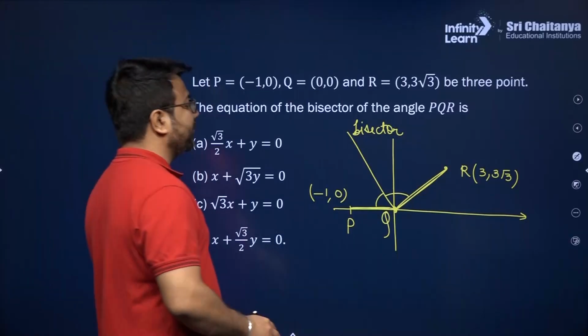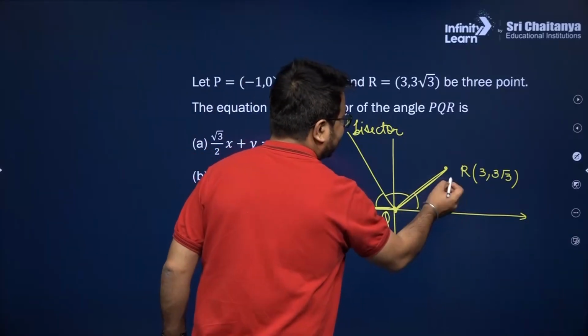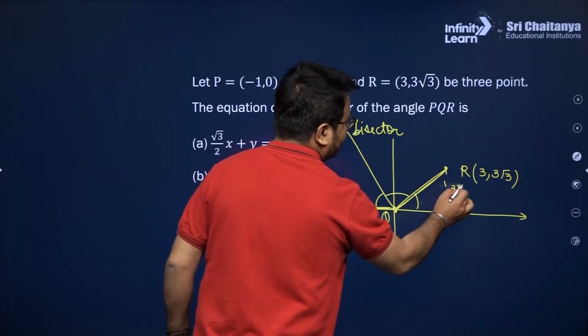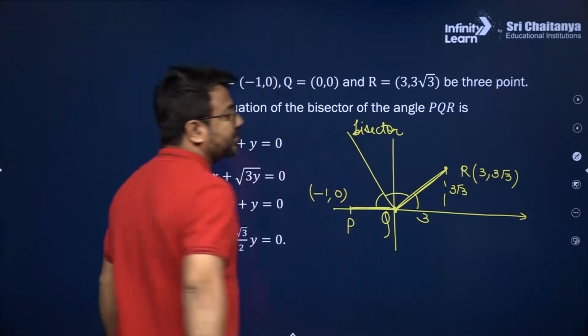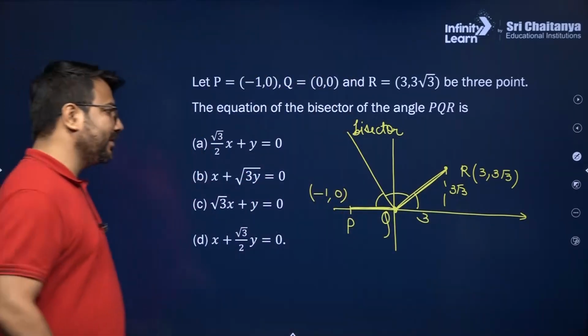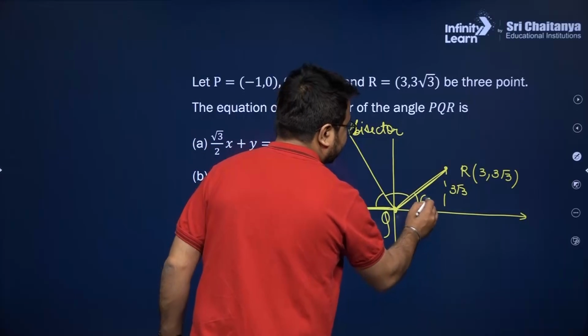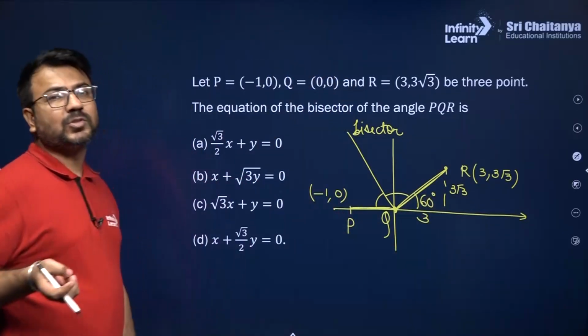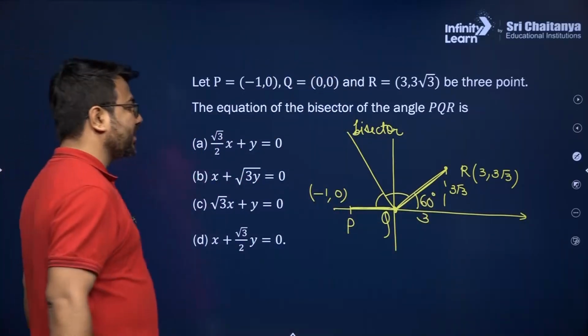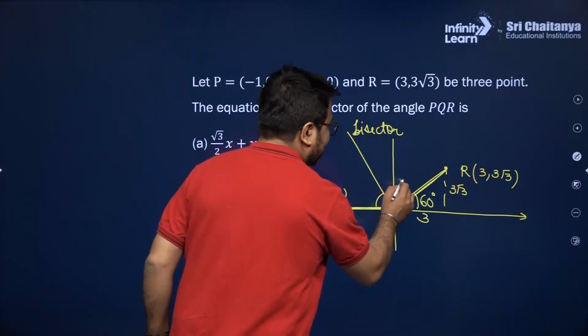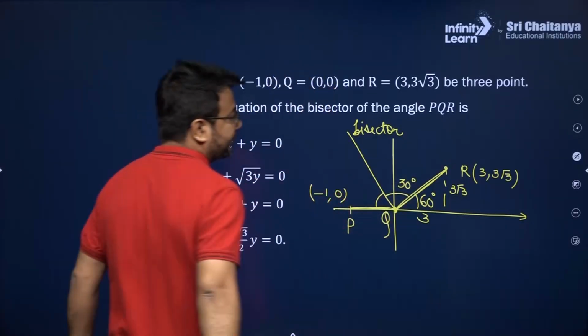So first of all let us find this angle. It will be 3√3 over 3, so that will be √3. Tan theta is equal to √3, which means theta will be 60 degrees. Now this particular angle will be 30 degrees.